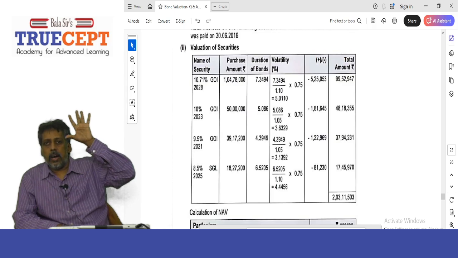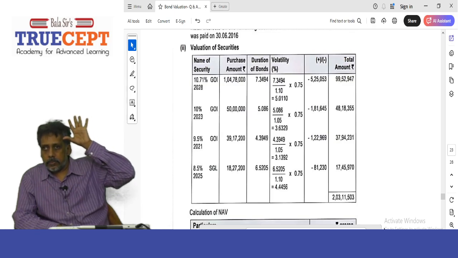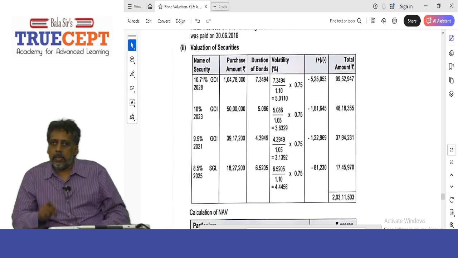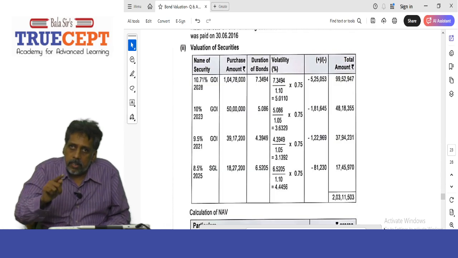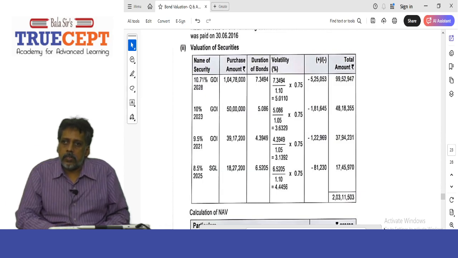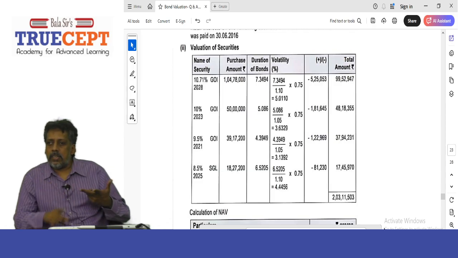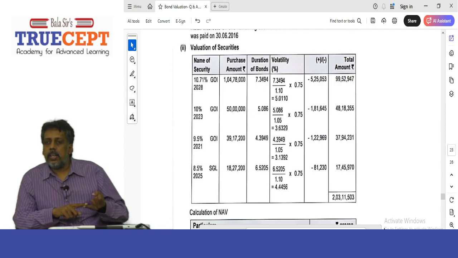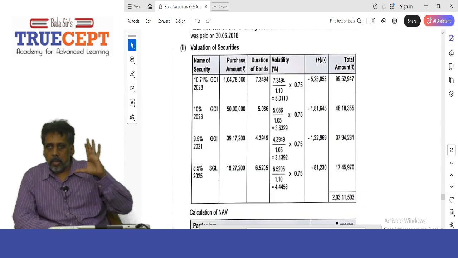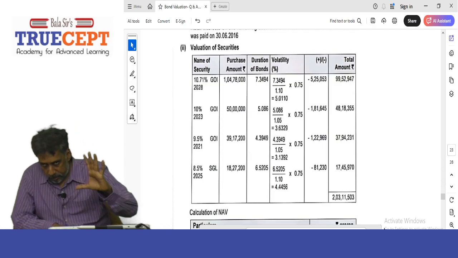What is 7.3494 divided by 1 plus YTM? Since it is an annual interest paying bond, you can take 10% as it is, so 0.1. So now tell me, what is 7.3494 divided by 1.1? 6.681. That is the modified duration, guys.